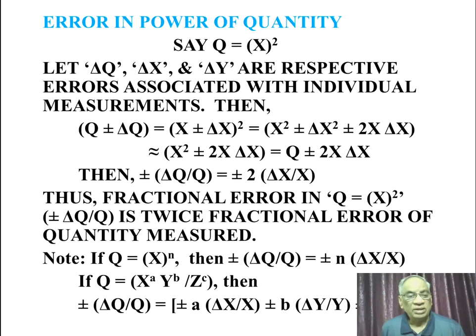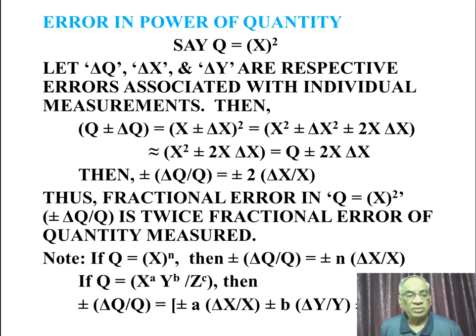The delta x square can be ignored because the error delta x is a very small value. So q plus minus 2x delta x, because x square is again q, so delta q by q is given by plus minus 2 delta x by x. That means twice the fractional error.